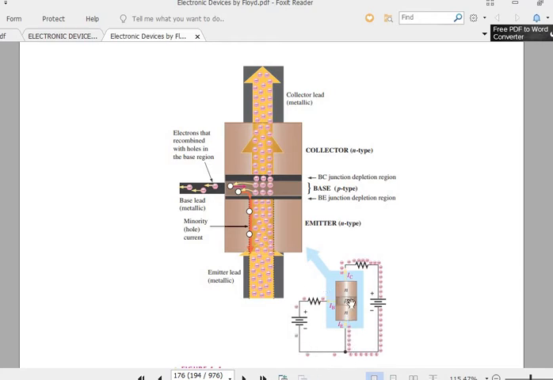Now assume that this base and this emitter are populated with the electrons, so what will happen? These electrons will be attracted by this polarity. The majority carriers become the electrons, although the electrons are already majority carriers in the n-type.